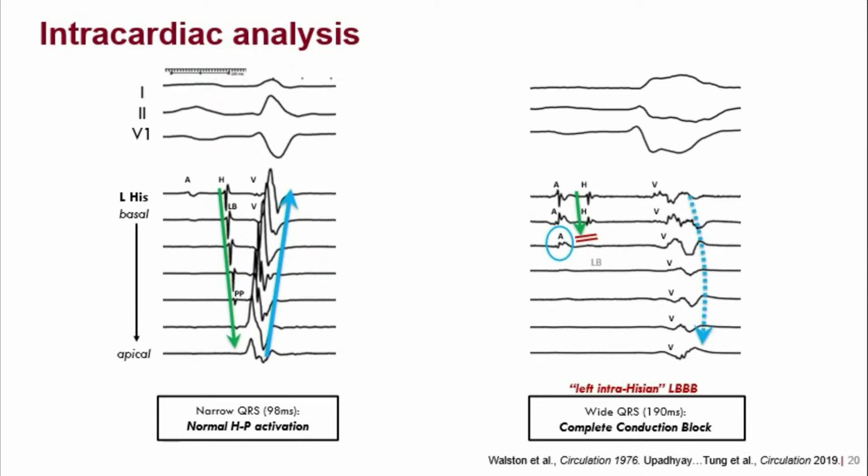There is no conduction now into the left bundle, and there is dysregulated activation of the ventricular electrograms, and the block is high enough that an atrial electrogram can still be recorded.